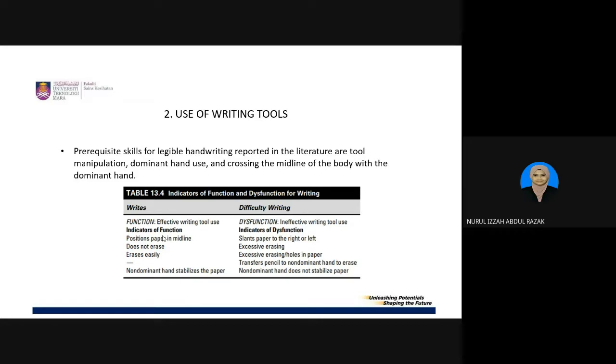The indicators for ineffective writing tool use are shown when the child slants the paper to the right or left, has excessive erasing or holes in the paper, might transfer the pencil to the non-dominant hand to erase, and does not stabilize the paper with the non-dominant hand.